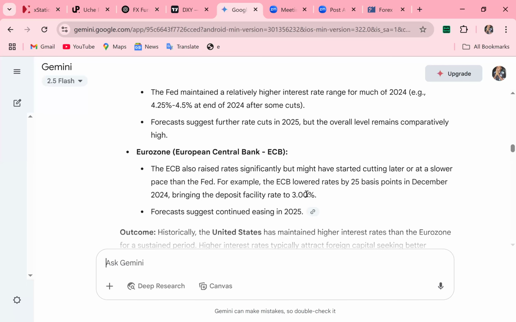So now the European Central Bank is about 3.2%, so 3.0%, which is a bit lower than the United States. Remember, higher interest rates attract foreign investors more, while lower interest rates attract more of a boost to the local economy.